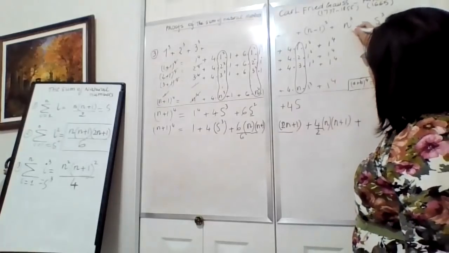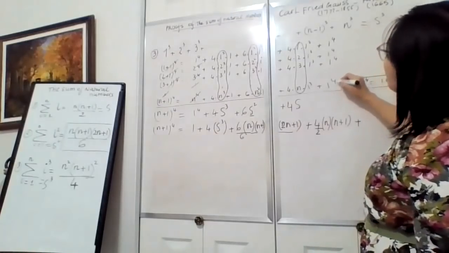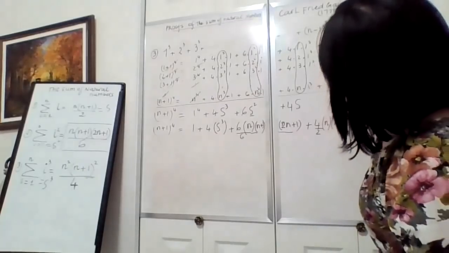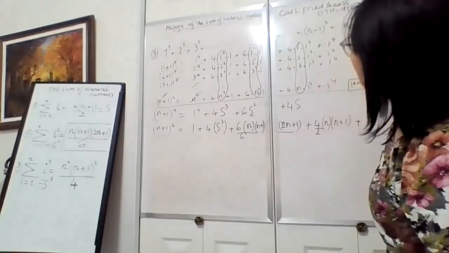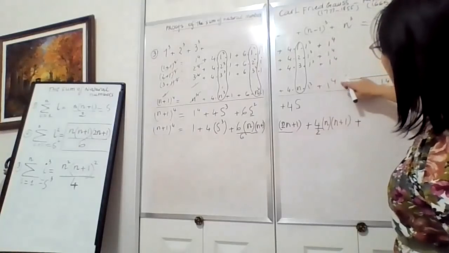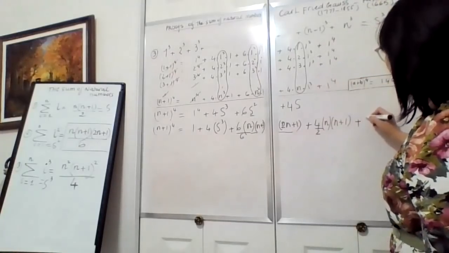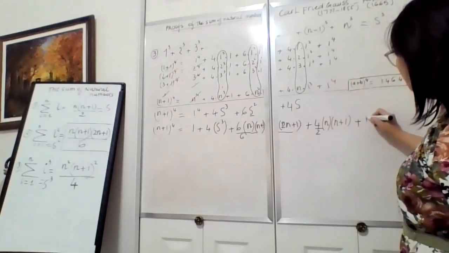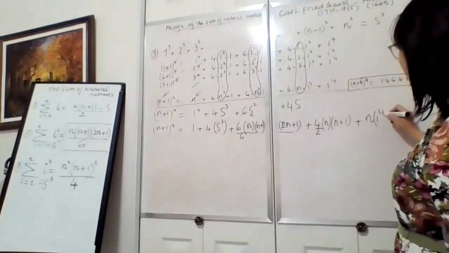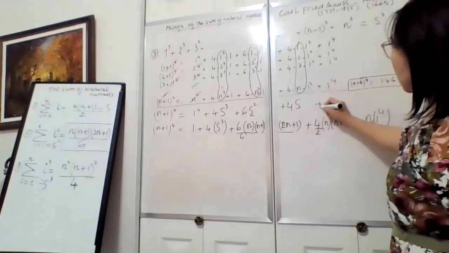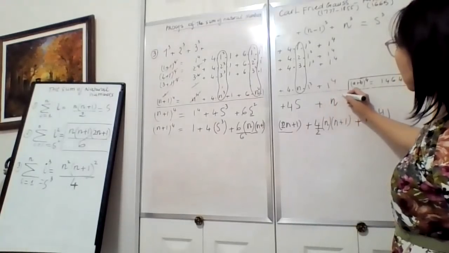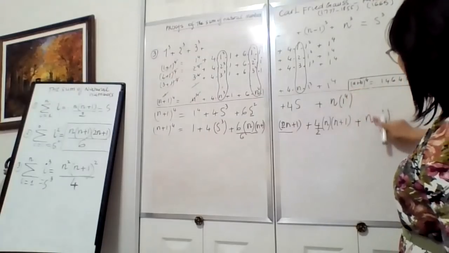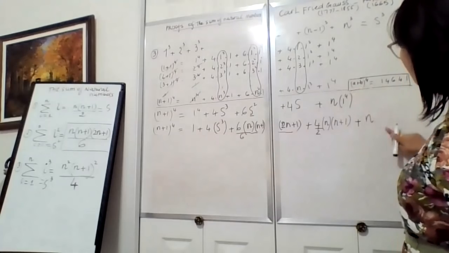Adding with the last term, the last term here is 1 to the power 4, but times how many terms? N terms, right? So n times 1 to the power 4. And actually, I should put it here. And I'm going to erase this, just times with n for now.